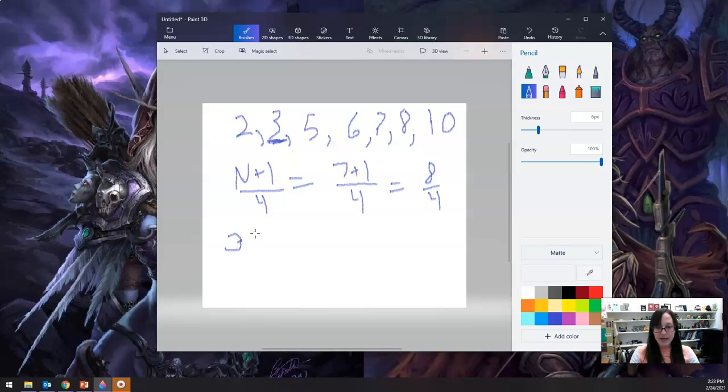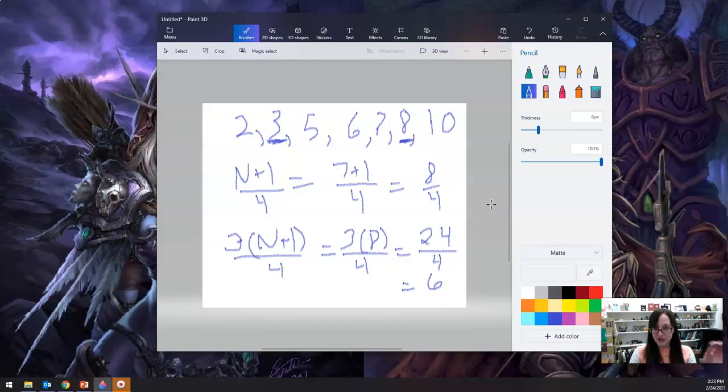So we do 3 times n plus 1 over 4. That's still going to be 8 over 4, so we've got 24 over 4. So that's 6. So now we go 1, 2, 3, 4, 5, 6 position. So again, these are our positions.